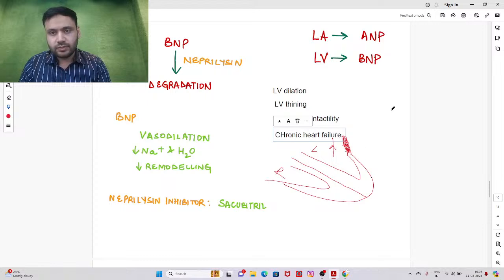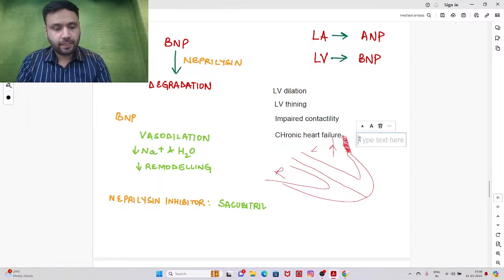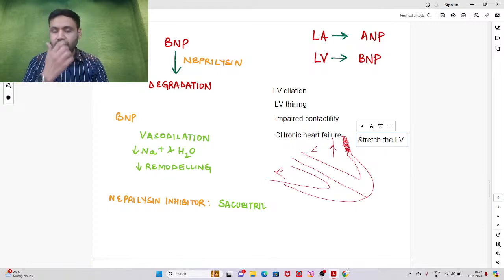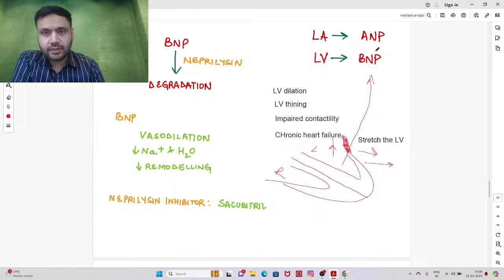What it would do is stretch the left ventricle. So when the left ventricle is stretched outward like this, it would release a chemical known as BNP.